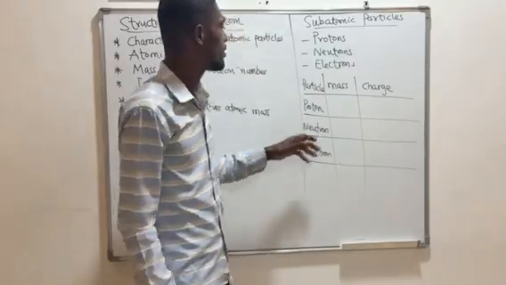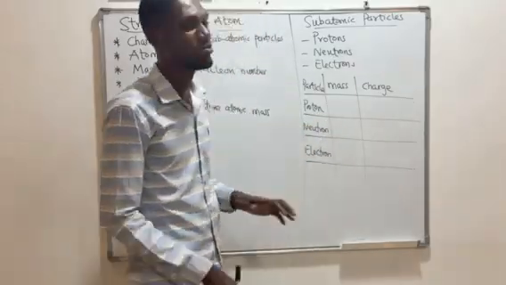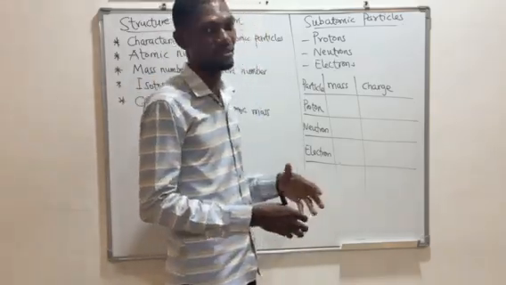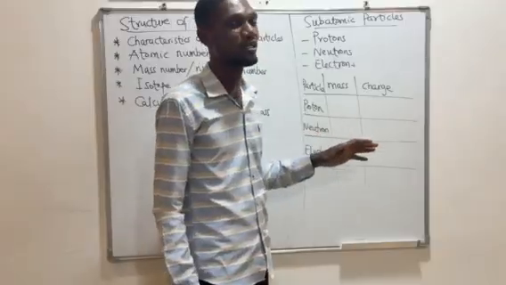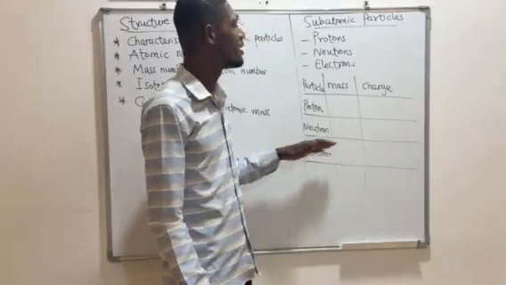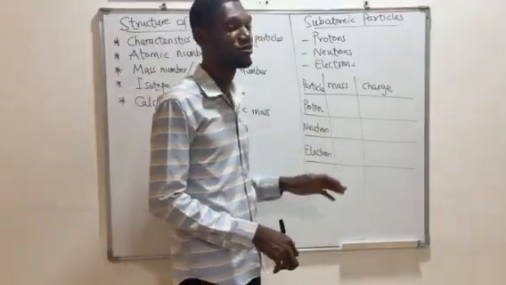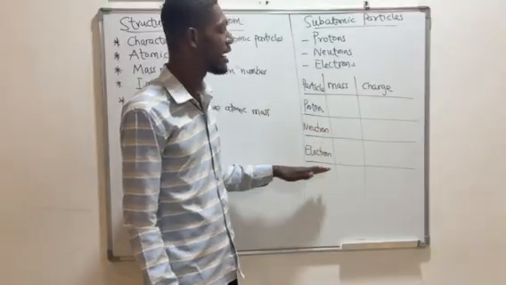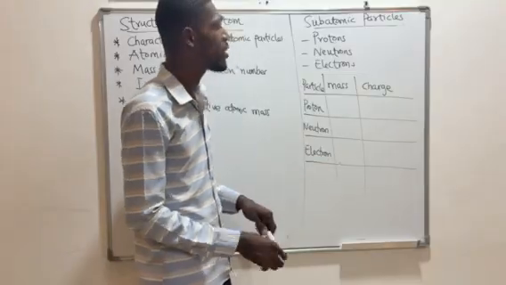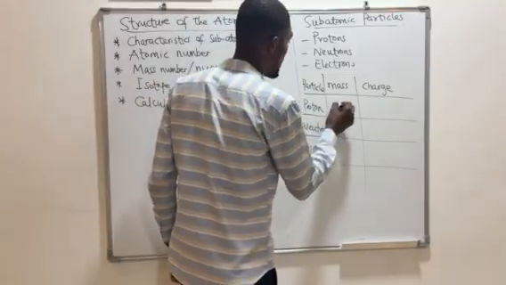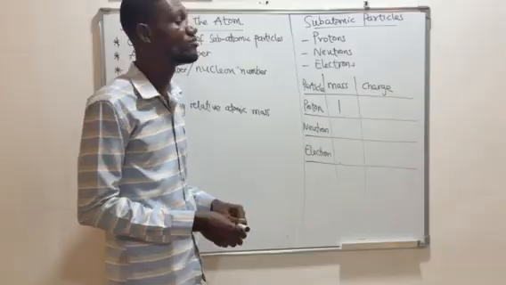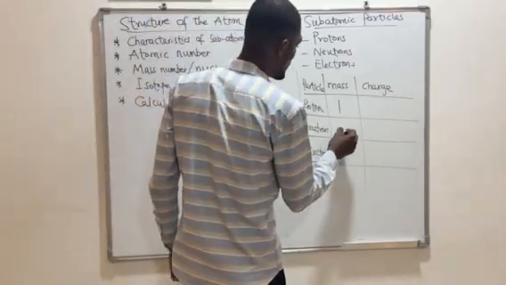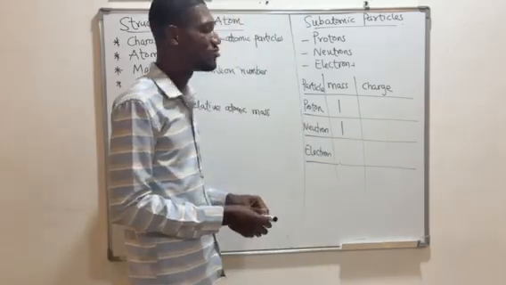Now, taking the mass of these subatomic particles, they are very small to be measured, and so we compare their relative masses, so in terms of their ratio. Looking at the mass of proton, the mass of neutron, and then the mass of electron, by comparison, proton has a mass of 1, which is the relative mass, not the actual mass. Neutron also has a mass of 1, which is the relative mass.